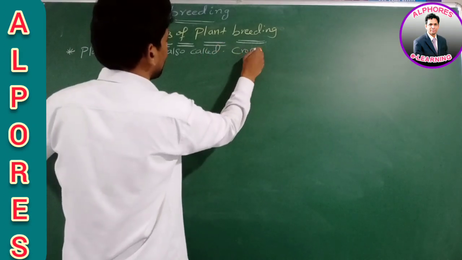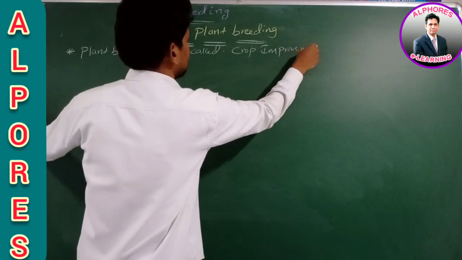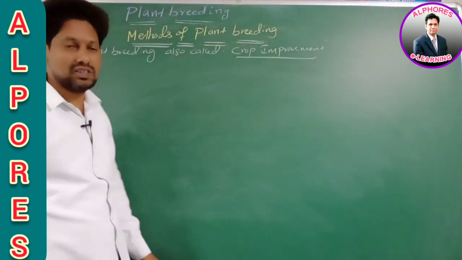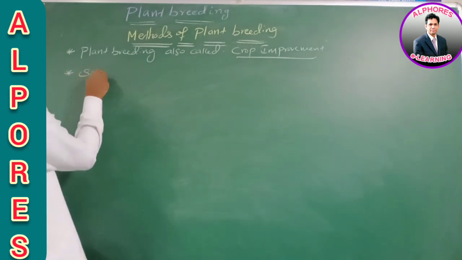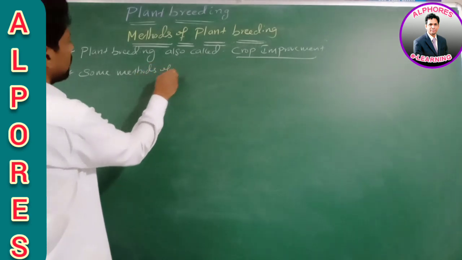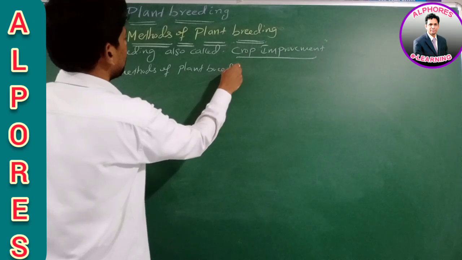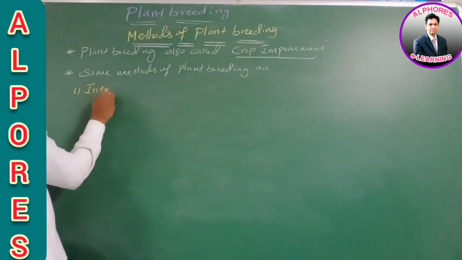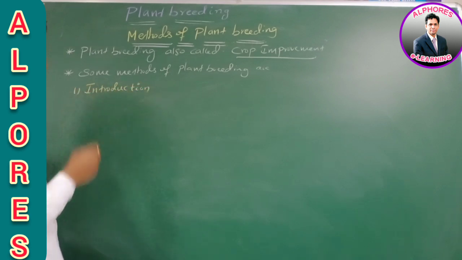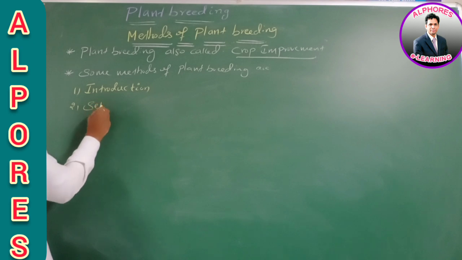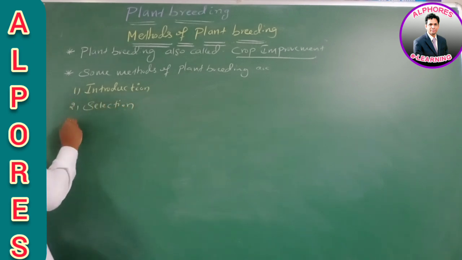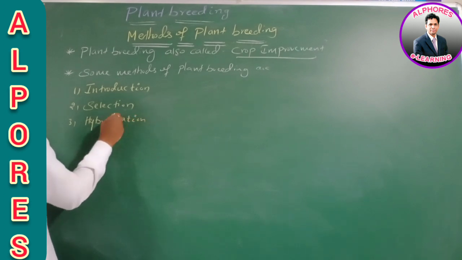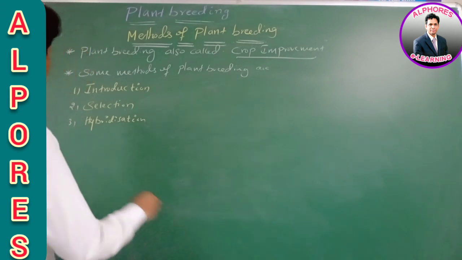Some methods of plant breeding or crop improvement are: number one, introduction; number two, selection; number three, hybridization; number four, mutation breeding.